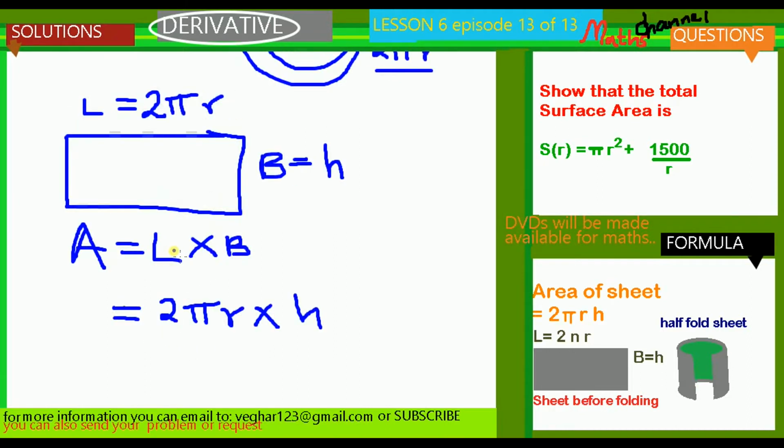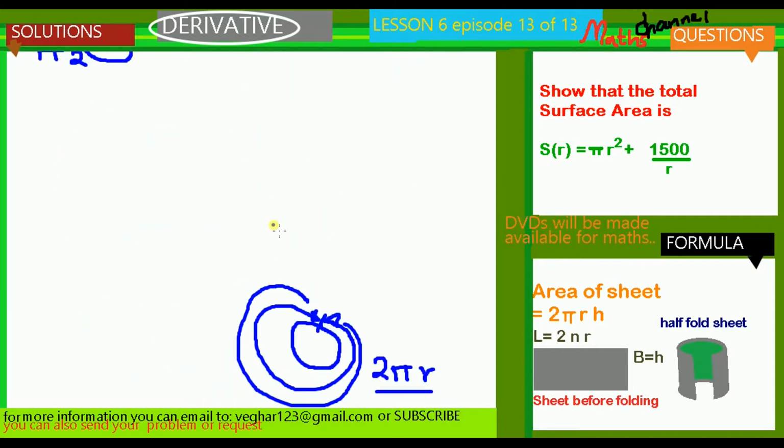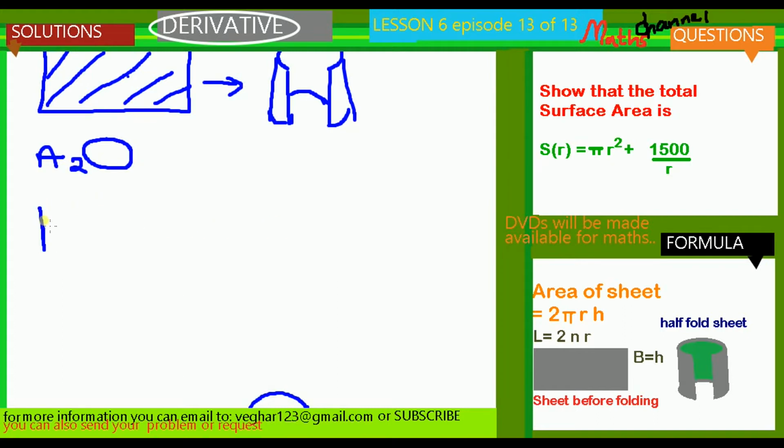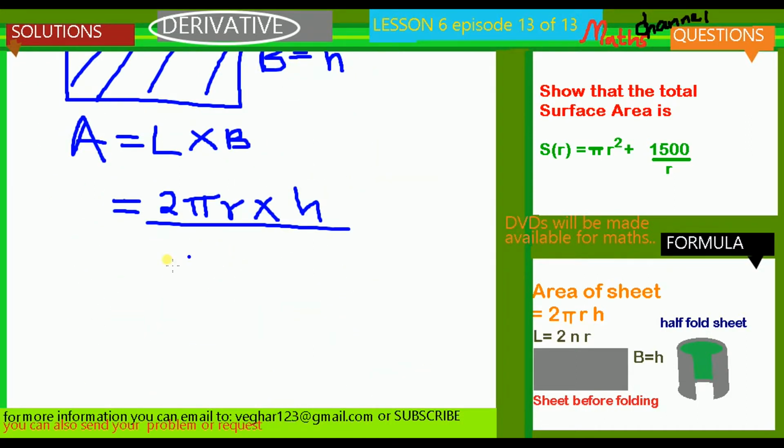Then this becomes the area of this one. So for a circle, we'll use this equation of a circle of area as this one.